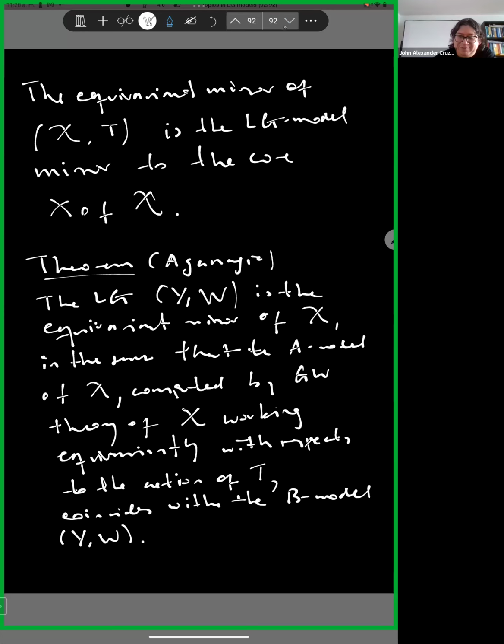So in fact, this theorem works not only in genus zero, but in all genera, because you have a semi-simple theory. So in fact, the correspondence holds in all genera.